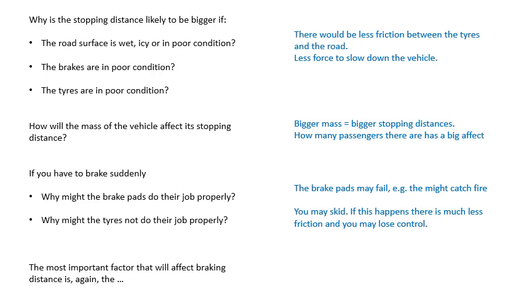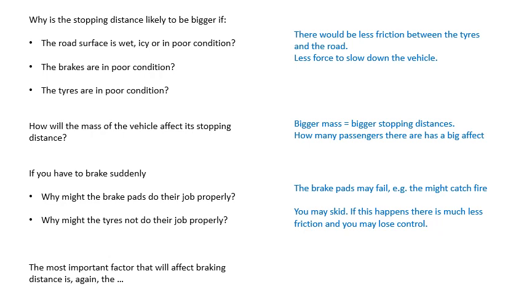If you start skidding, then there's probably a lot less friction and you may lose control and end up going off the road. This is why modern cars now have anti-lock brakes, which are supposed to stop you skidding. There's a lot less friction if you start skidding.